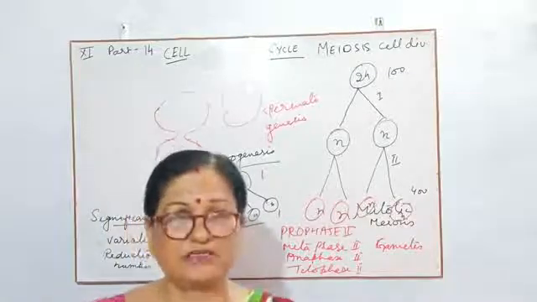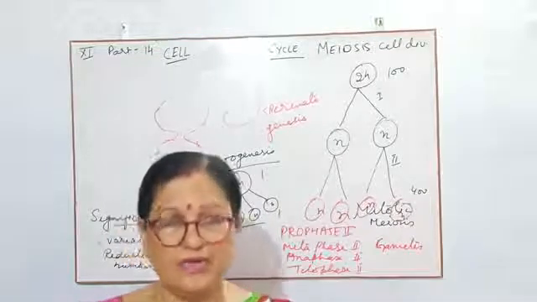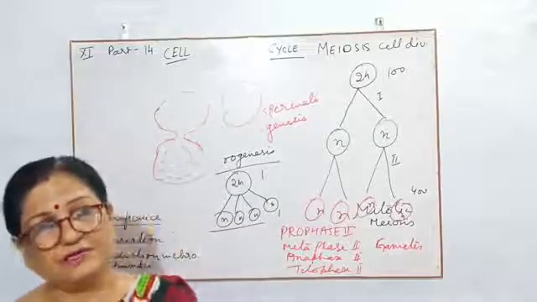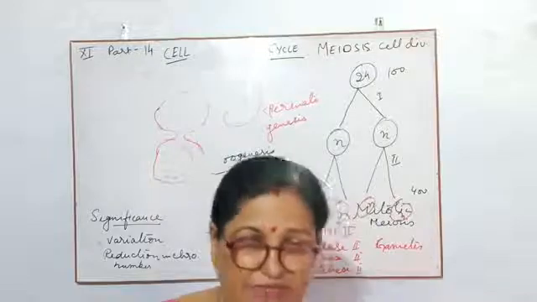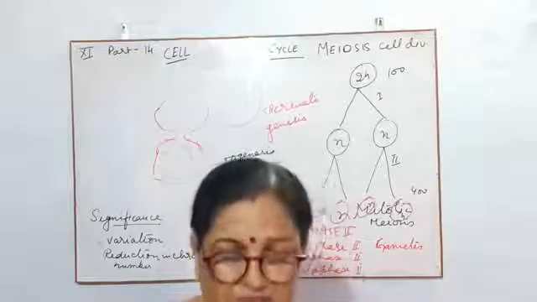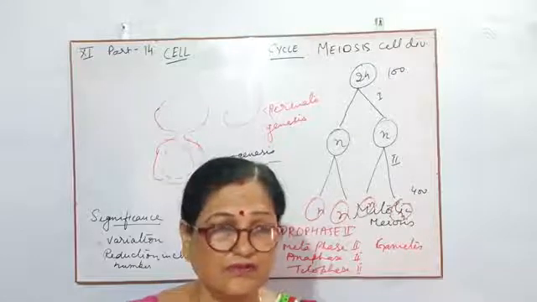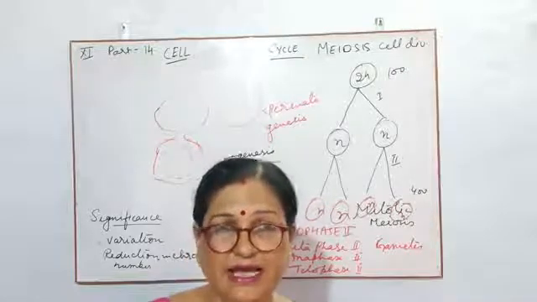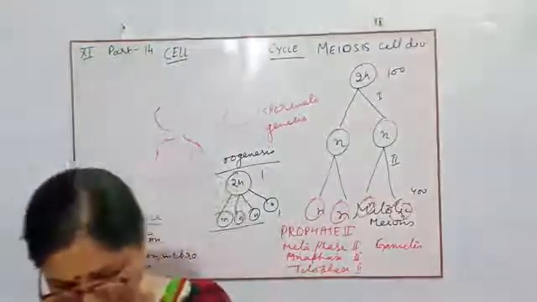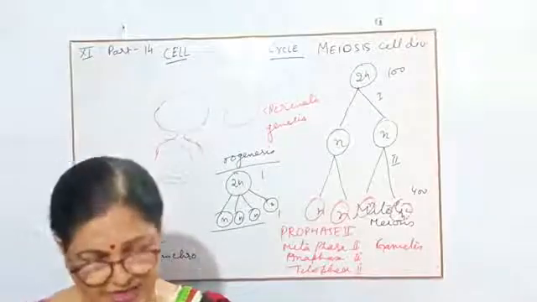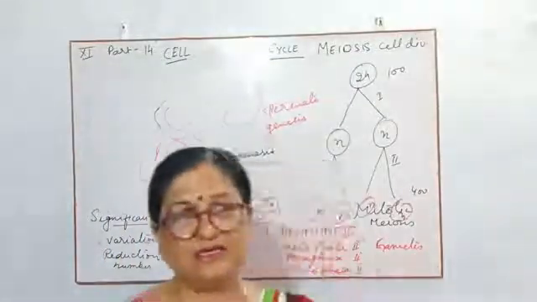And in case of meiosis, one single bivalent goes to one pole and another bivalent goes to the other pole. That's why whatever crossing over occurs before it, in prophase 1, the same characters will go to one pole. There will be no breakage of chromosomes and no separation of chromosomes. So these are the differences. Please children, keep in mind the differences about metaphase, anaphase and all. Prophase is totally different.